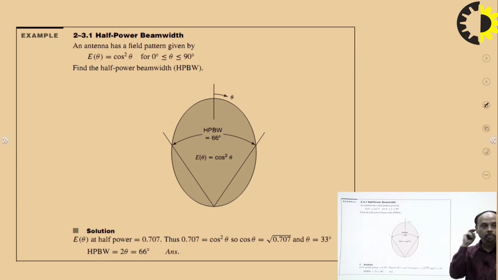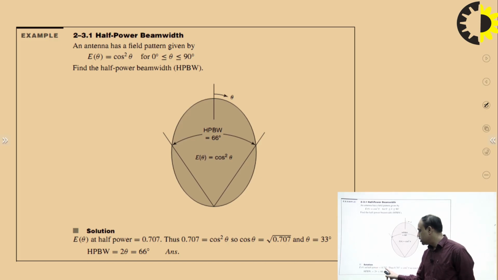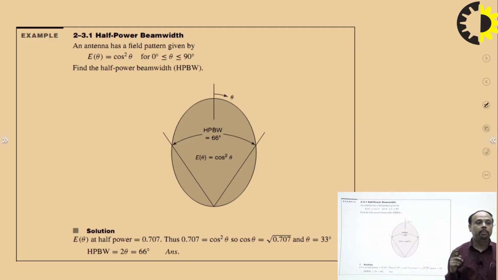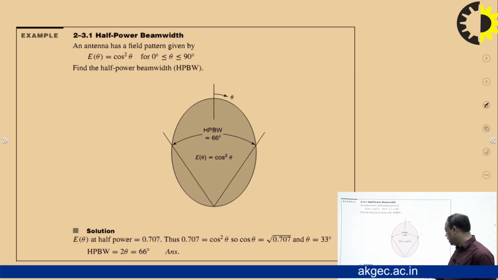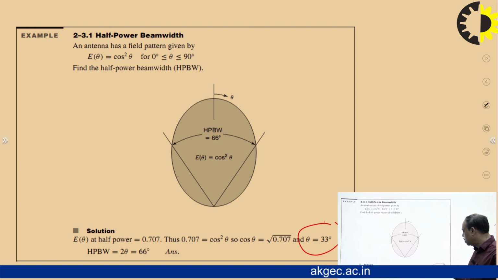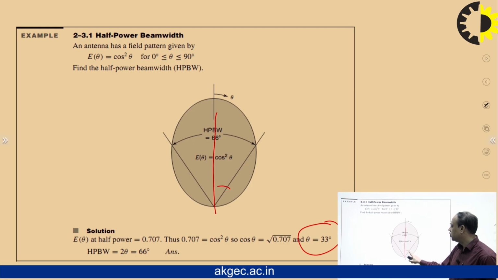This is a small example of how we can calculate the half power beamwidth for a given radiation pattern. This is the radiation pattern of cos square theta. If we put cos square theta equal to 0.707, where the power became half or the electric field became 0.707 times the maximum value, and calculate theta, we get theta equal to 33 degrees, which is half of the value.